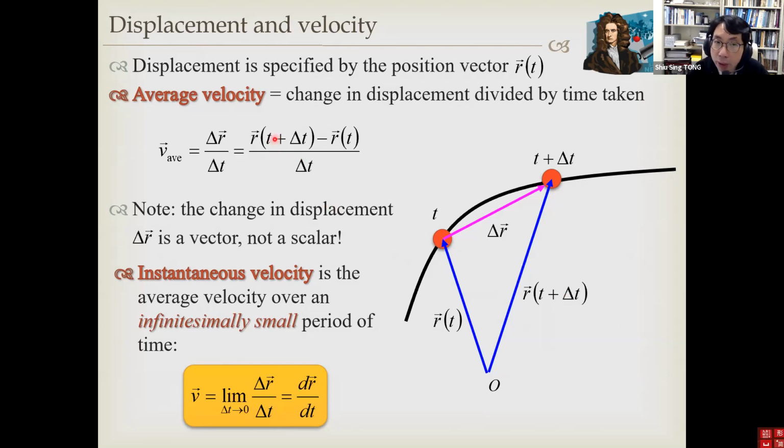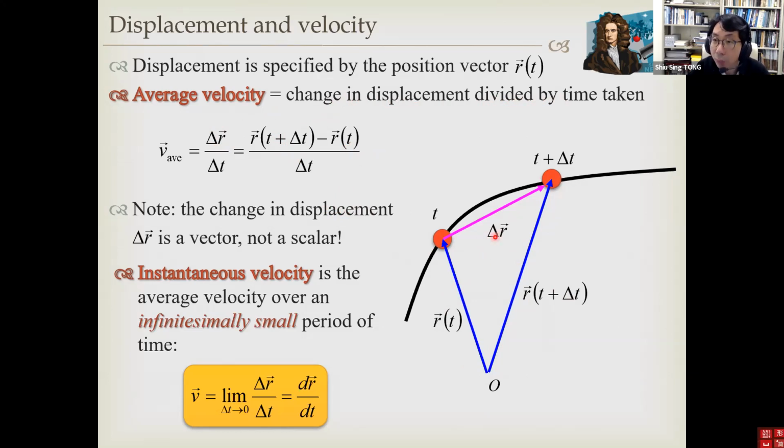So we can calculate the average velocity. The average velocity is the change in displacement divided by the time taken. So we have delta r, which is equal to the vector r at time t plus delta t minus the vector r at time t. The difference between these two vectors is, of course, another vector.